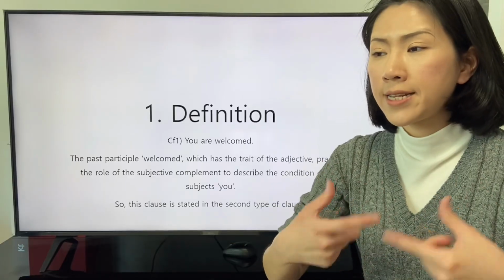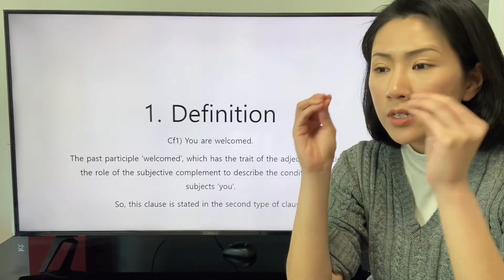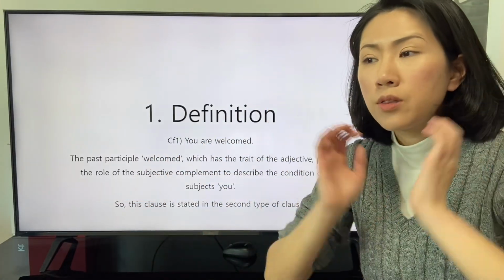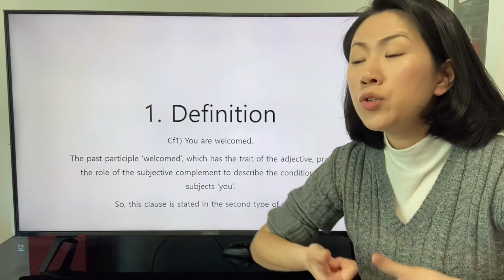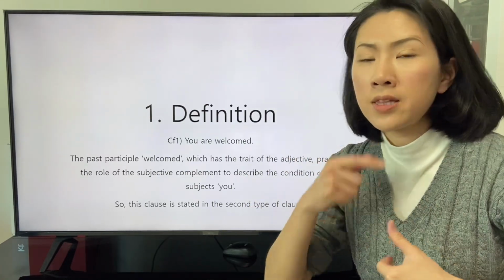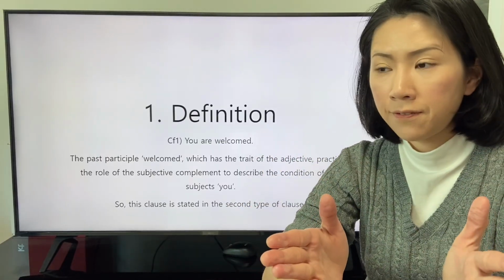A clause that is stated in the passive voice focuses on the object. The speaker who states a clause in the active voice focuses on the subject of the clause.